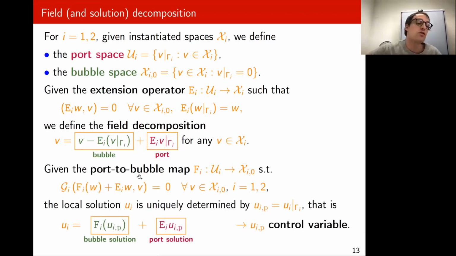So now we can introduce what we call a port to bubble map. Given an element on the port space, we define Fi of W as the solution to this problem.